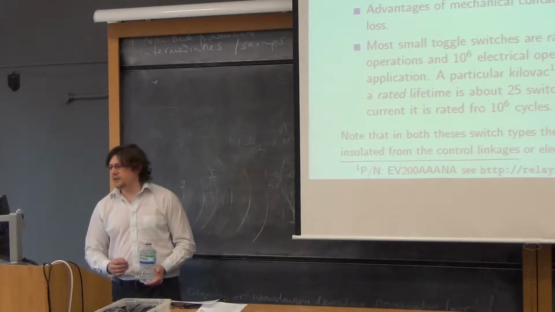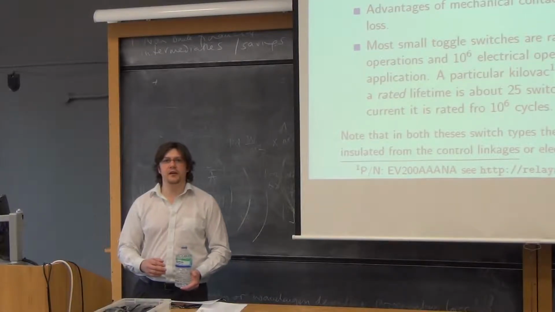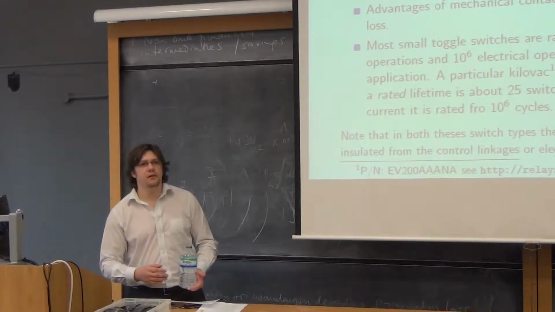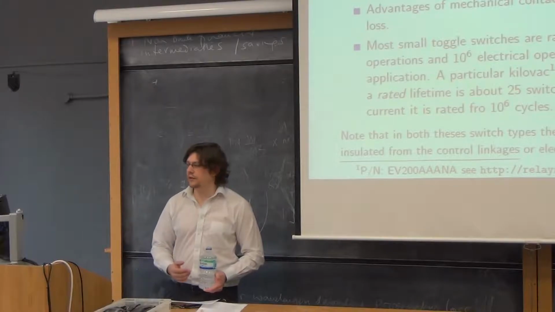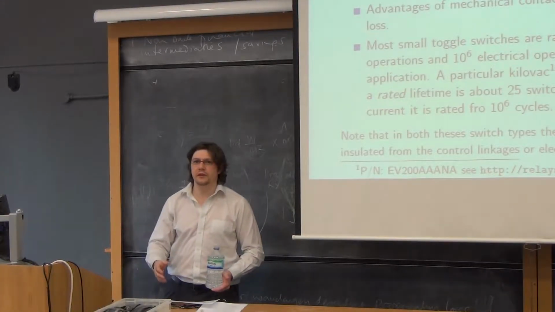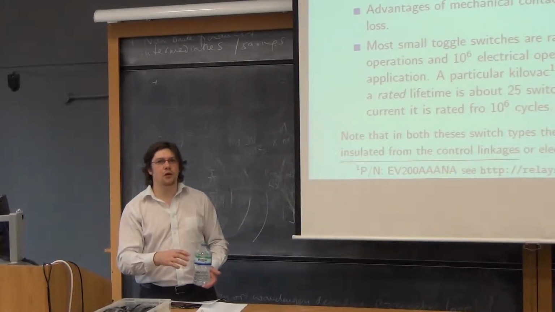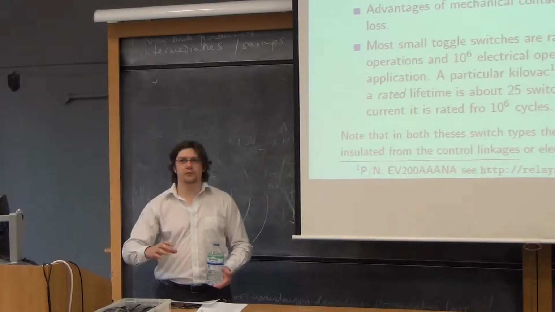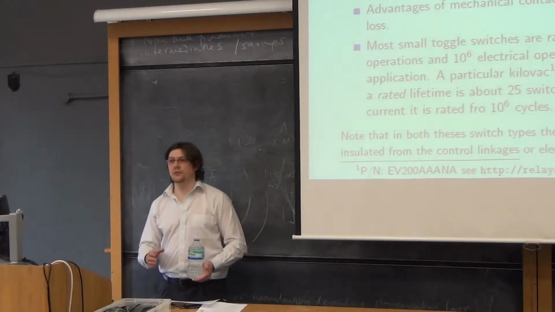So the advantage of mechanical contacts are maintained. That's to say, the off-state loss is extremely low, practically nil, and the fact that you have total isolation between the circuit that is driving your relay and the circuit which your relay is switching is also very useful.